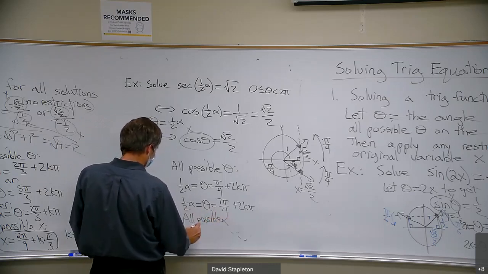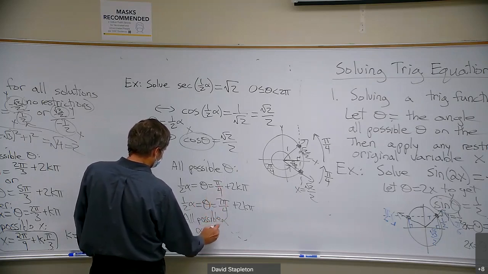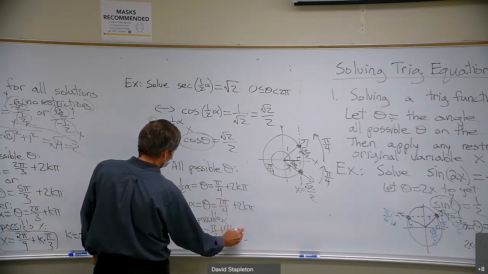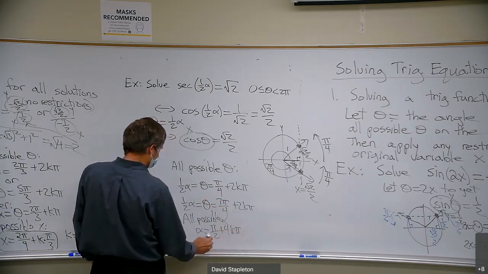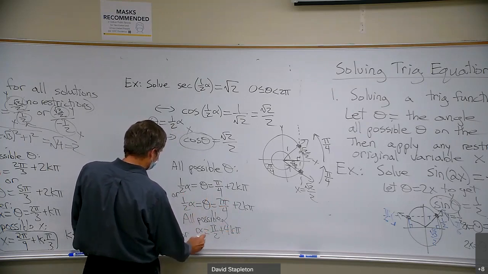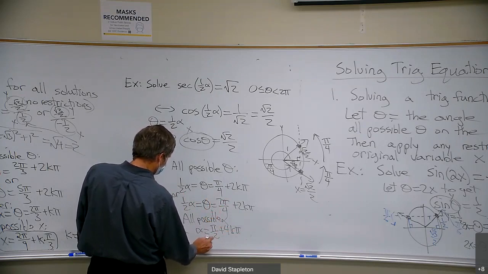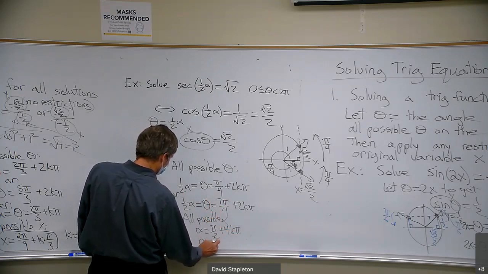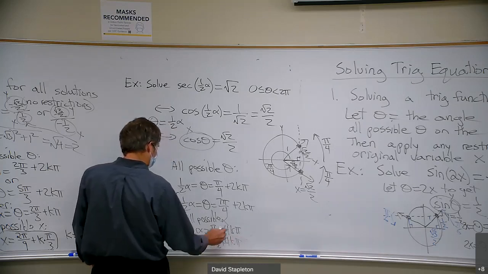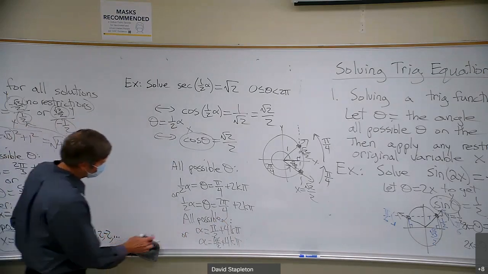If I multiply the first one by 2, I've got alpha equals pi over 2, multiplying that by 2, plus 4k pi. Or, multiplying this one by 2, we've got alpha equals 7 pi over 2 plus 4k pi. There's all possible alpha. Is that readable? 7 pi over 2.